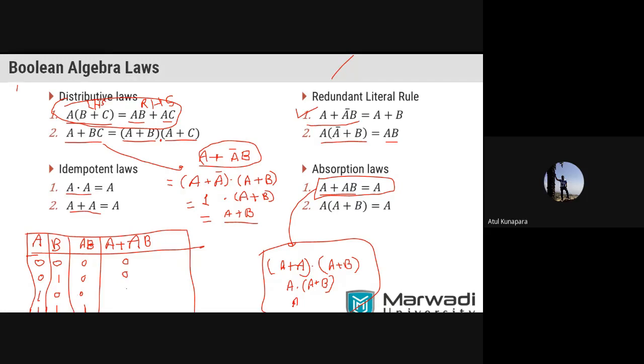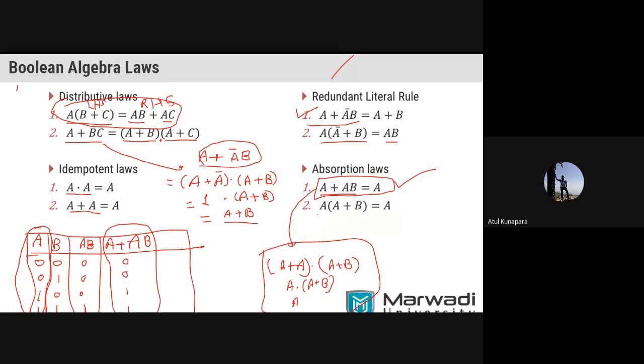Here 1 0, it will give you 1, and 1 1, it will also give 1. Okay, so you can see the output which we are getting for A plus AB is similar to that for your A, right? That means you can say here LHS is equal to RHS for this rule, right? So this is how you can give the proof with the help of truth table also.